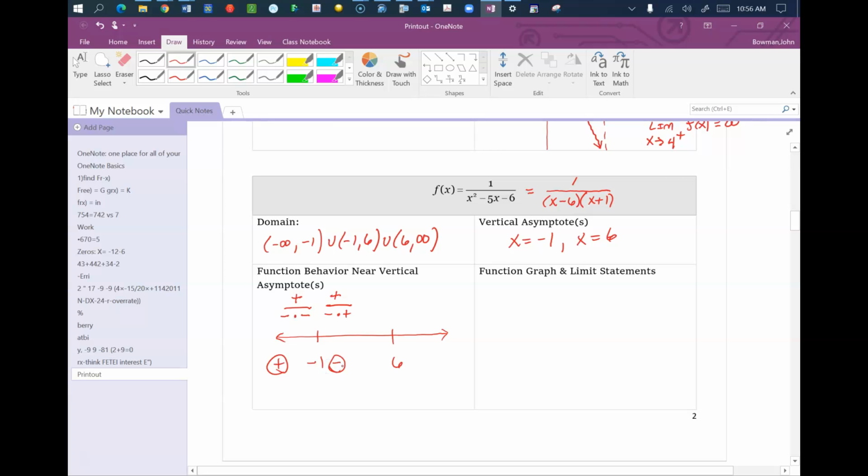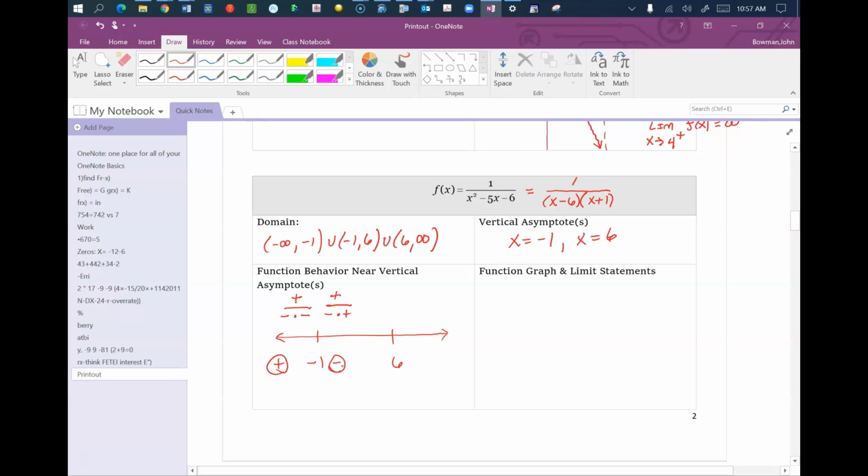Now here's why you need to check a number slightly less than +6, because it's possible that the function crosses the x-axis and changes signs between -1 and +6.